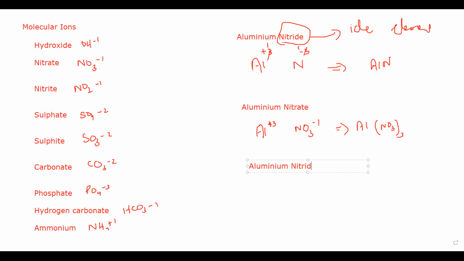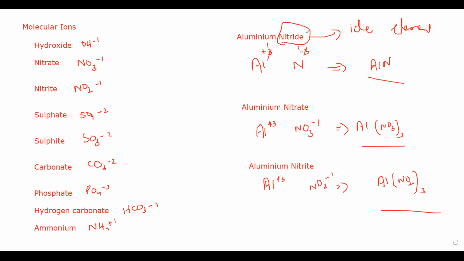So if it is aluminum nitrite, ITE, aluminum is Al +3 and nitrite, as you can see, is NO2 -1. We cross multiply, so the formula will be Al(NO2)3. So this is the formula for aluminum nitride, aluminum nitrate, and aluminum nitrite.